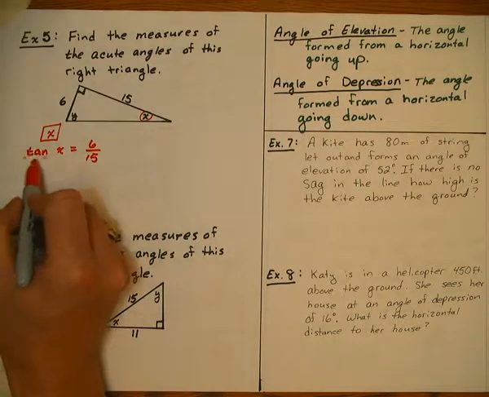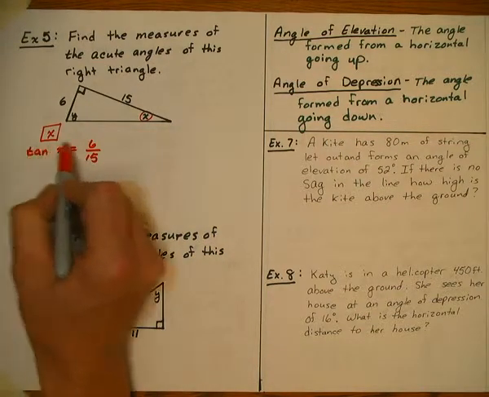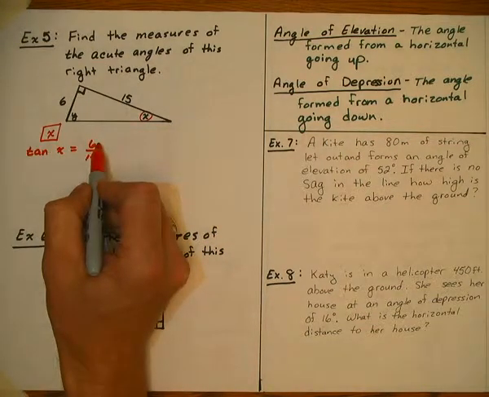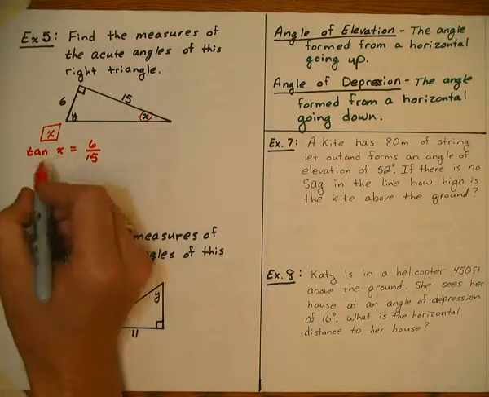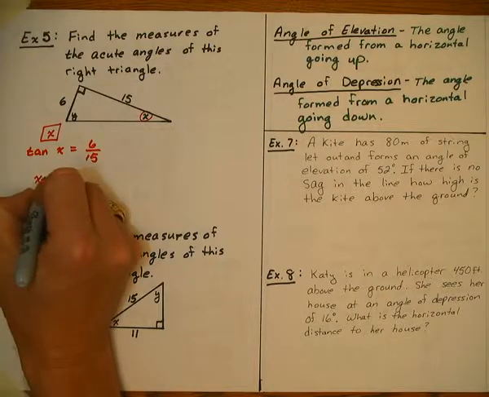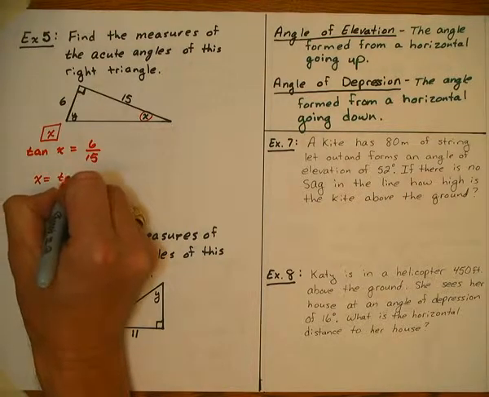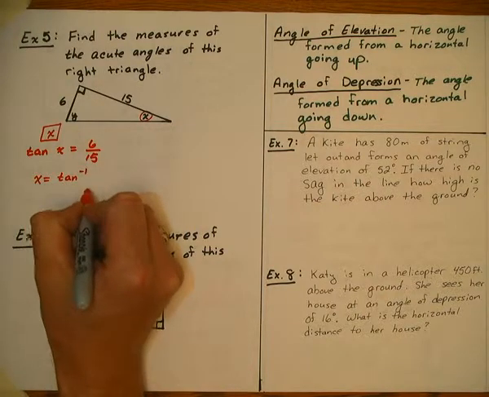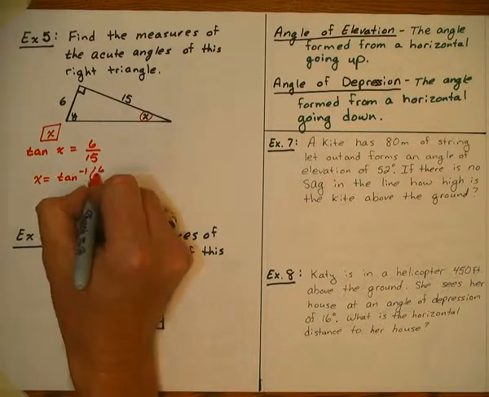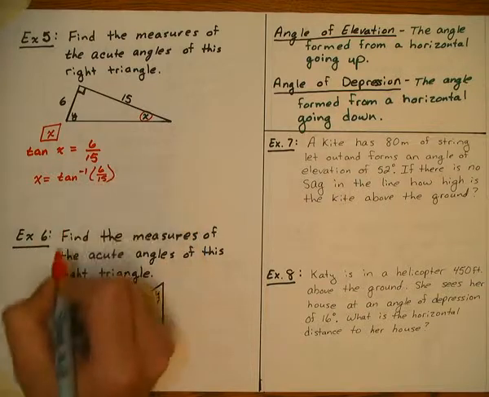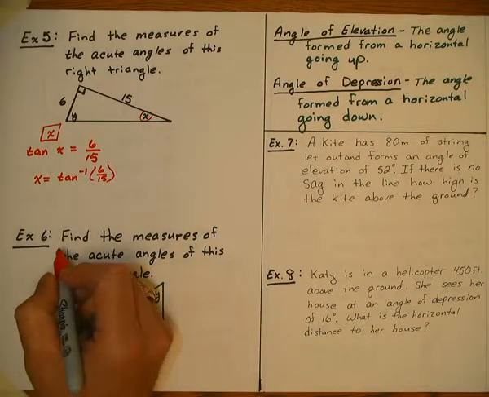Now we need a way to get the tangent portion of this function over to the other side. And the way that we move this over is by doing the inverse, which means x will equal tangent inverse, and that's the notation for inverse, of 6 over 15.